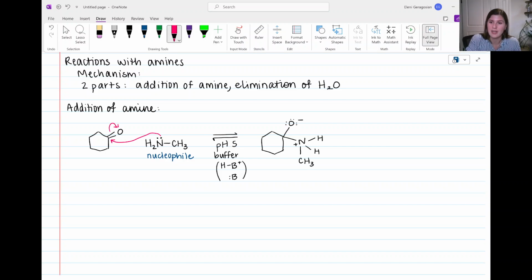And so we can do an intramolecular proton transfer reaction where the oxygen takes a hydrogen from the nitrogen. And that neutralizes all of the charges that we need to neutralize.